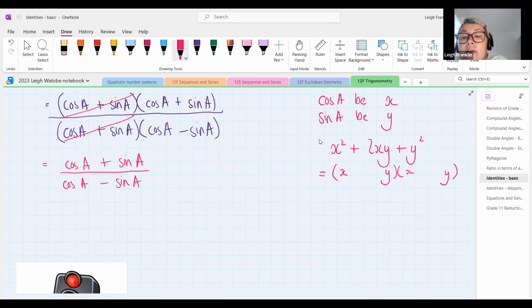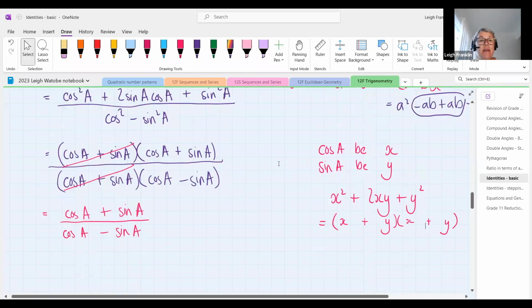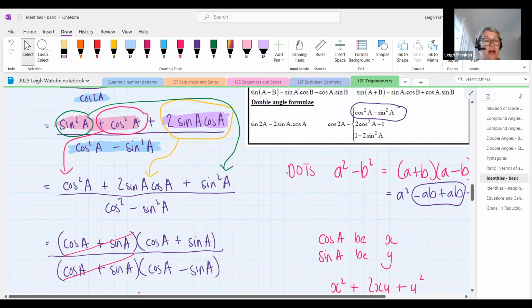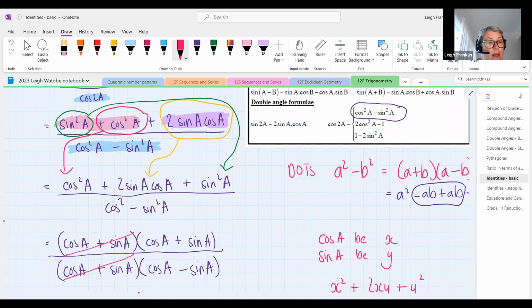All right, now to get my middle term over here, my middle term comes from the outer and the inner terms. So x times y, it would be xy, plus x times y would be xy. That would give me my 2xy in the middle. It's exactly the same idea as what I've done over here in this line where I'm putting the pink star. Can you see that now?